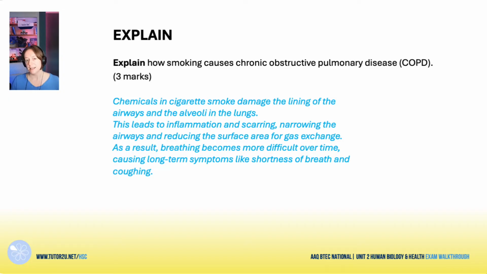And then my second so what: as a result, breathing becomes more difficult over time, causing long-term symptoms like shortness of breath and coughing. So I have fully explained with this answer how smoking causes COPD, and I've made 3 elements to my answer, so I get the 3 marks.